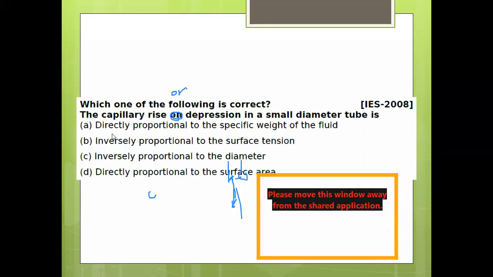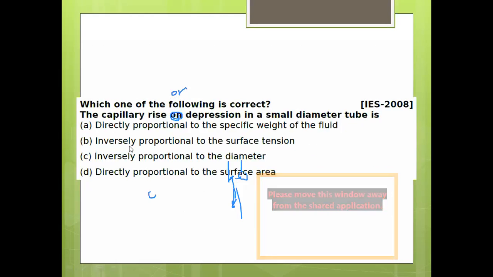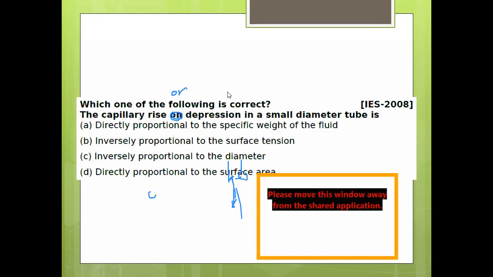Let us read the options here. Option A, directly proportional to the specific weight of the fluid: true or false? False. Option B, inversely proportional to the surface tension: true or false?